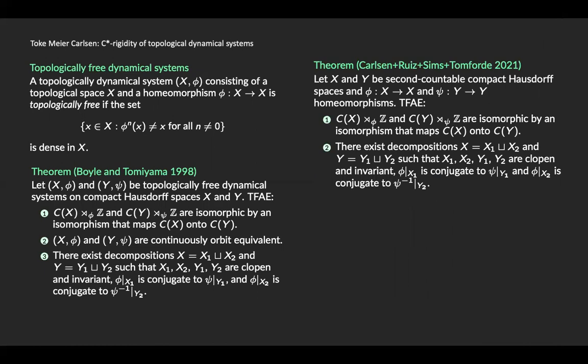I showed together with Ruiz, Sims, and Tomford in a paper that's just been published, a partial generalization of the previous result, where we showed that if we have two second countable Hausdorff spaces and two homomorphisms, one on each space, then the cross product C*-algebras are isomorphic by an isomorphism that maps C(X) onto C(Y), exactly when we can make a decomposition as in the previous result here.